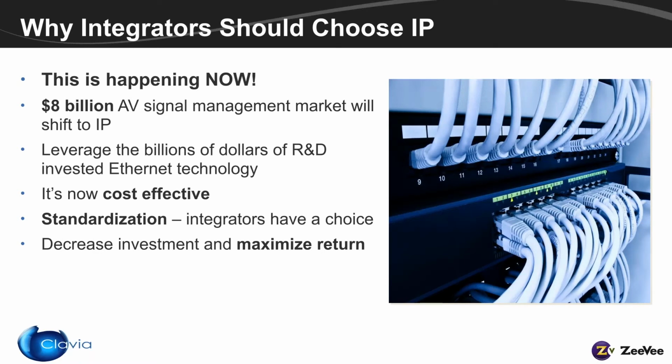The fact that you've joined this presentation is great, because you've realized that something is happening, and that's AV is moving to IP. We used to talk about it as something that would happen in the future, but really it's happening right now. The market for AV signal distribution is worth over $8 billion. Currently all of that's done with proprietary technology, with many manufacturers each producing switches which are proprietary and not compatible with each other, which is a little bit odd.